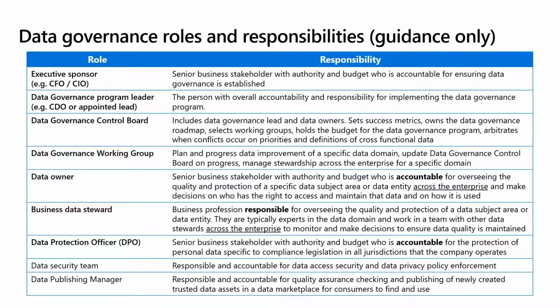As an example, and for guidance purposes only, here are typical roles and responsibilities, and they may vary based on need. In some cases, these roles could be consolidated, but the key here is to look at the responsibilities and assign them to the appropriate individuals. So, for example, the data owner is the senior business stakeholder accountable in overseeing the data quality and protection of a specific area or entity across the enterprise.